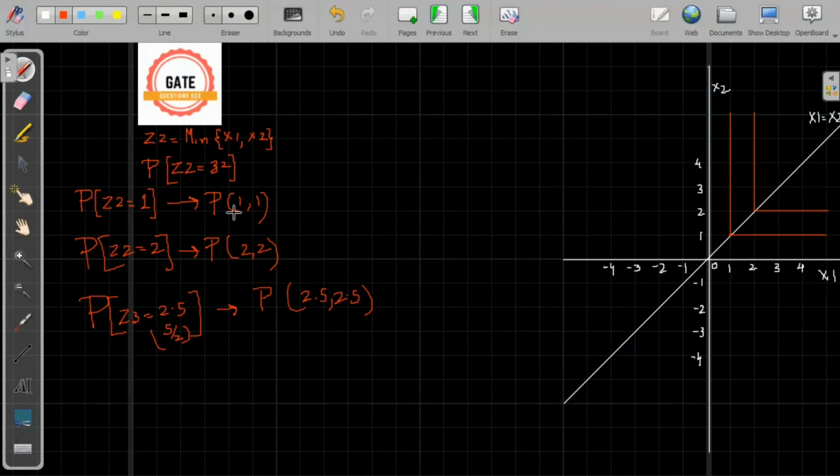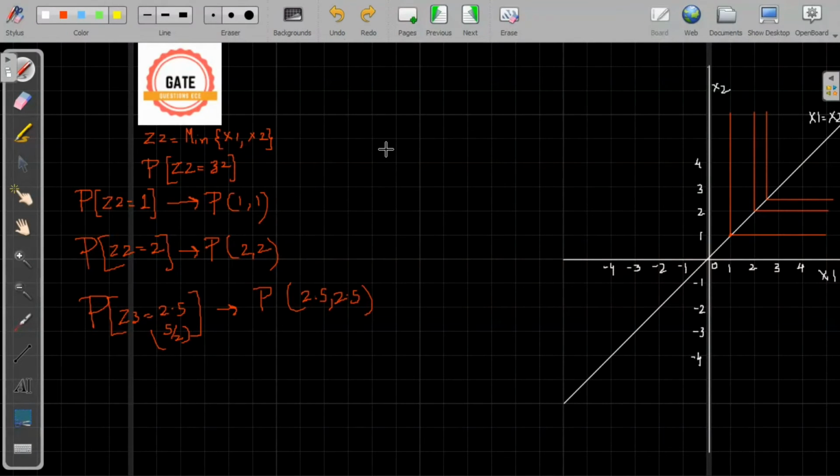So the boundary will be this, and this probability will be the sum of all the joint probabilities lying on this boundary. So we can easily find the PMF when Z2 is the minimum function by simply drawing these boundaries and then summing up the joint probabilities lying on them.